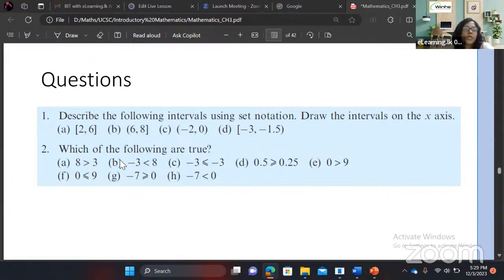Yes, it is true. 8 is greater than 3. -3 is less than 8. It is also true. Always, minus numbers are less than positive numbers, right? Or plus numbers. -3 is less than or equal to -3. Is this true or false?